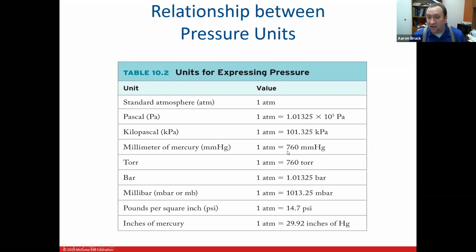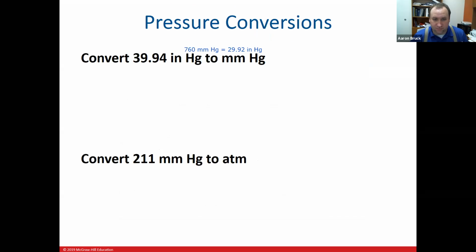In this case, 760 millimeters of mercury is equal to 29.92 inches of mercury. I don't have to go and look for the conversion. I've got one right here. So for this conversion, all I'm going to need to do is the same kind of dimensional analysis that I've been doing all along.